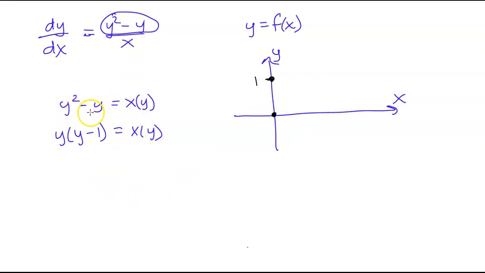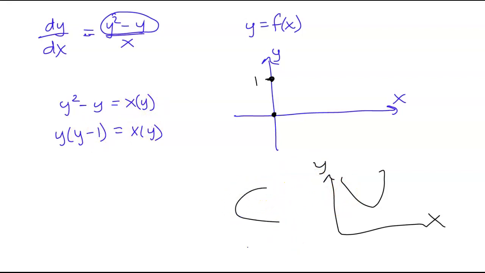So this looks like a parabola, but it's going to be a parabola where normally we have a parabola that looks like this, where this is the x-axis, that's the y-axis. But because we have x in terms of y, it's going to have to look like this. So that means my parabola, in short, is going to look something like that.